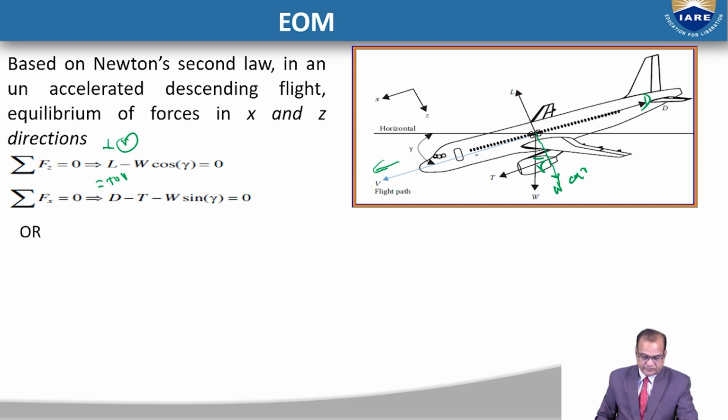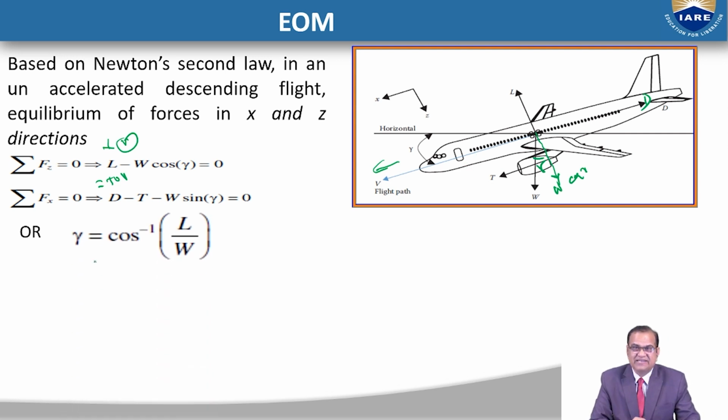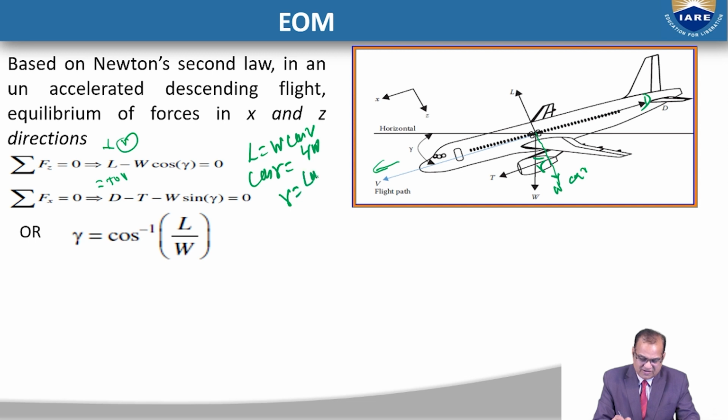So here we can write that from L equals W cos gamma, cos gamma is equal to L by W. So gamma is equal to cos inverse of L by W. This is the value of gamma, and we know at what point we have the maximum value.